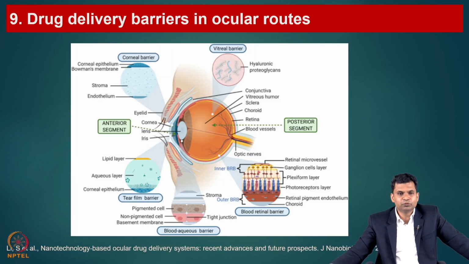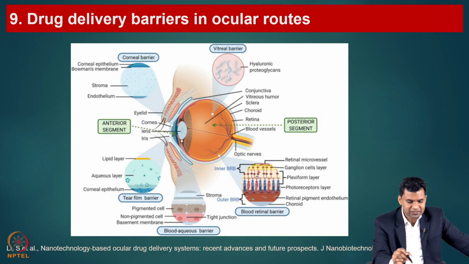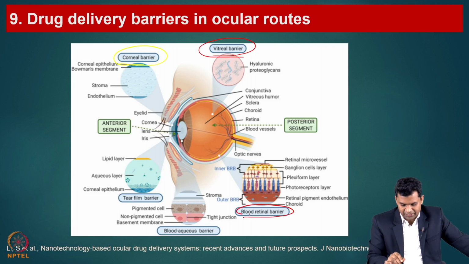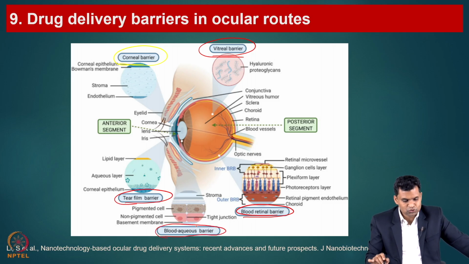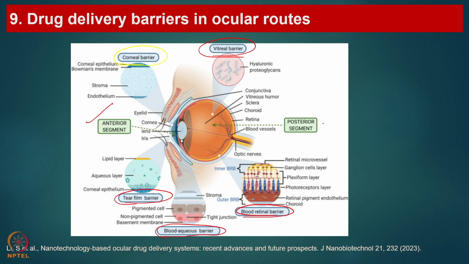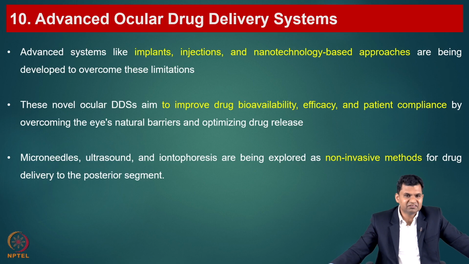So, these are a few barriers in the ocular routes. Here you can see the corneal barriers, and these are the vitreal barriers, and these are the blood retinal barriers, tear film barriers, and also blood aqueous barriers. So these are the various barriers in the anterior segment as well as in the posterior segment. To overcome these, we need advanced or novel drug delivery systems.